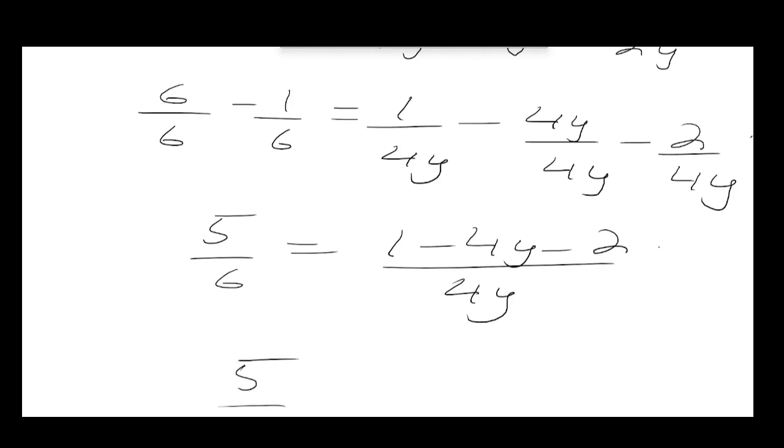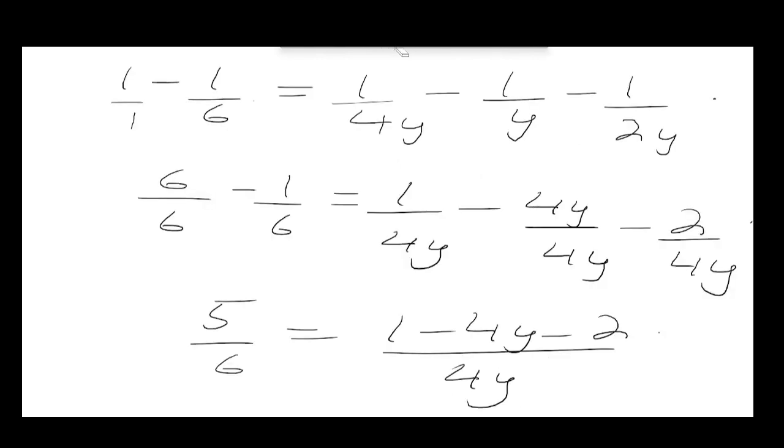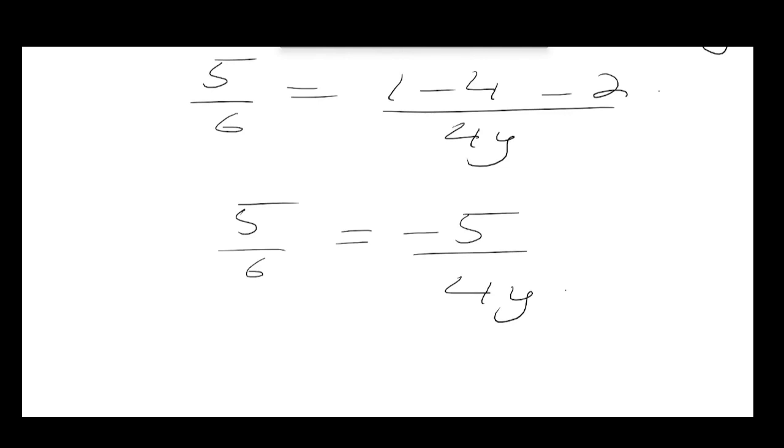So we can write 5 over 6 is equal to minus 5 over 4y. Okay, and I made a mistake here. We multiplied this 1 over y with 4 by 4, not with 4y by 4y. So this y will get cancelled. Here this y will also be removed. So that is how we get negative 5 over 4y.